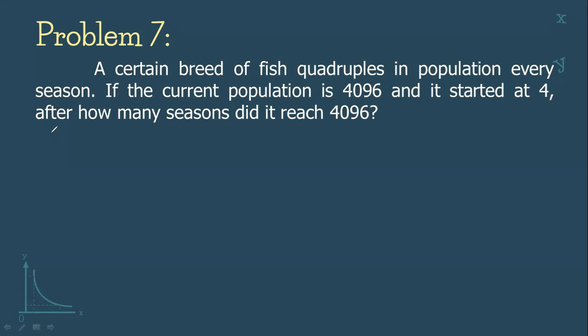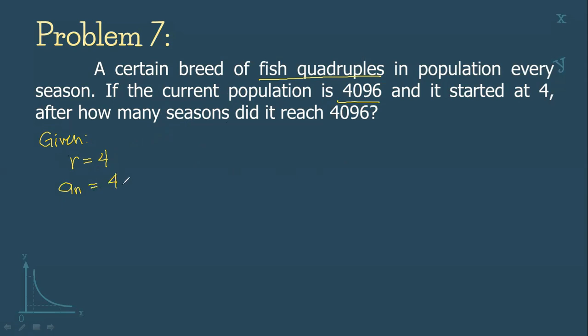So first, let us identify what are the given. So in this problem, nakalagay po dito that the fish quadruples. So pag quadruples, that is actually times 4 every season. So that is our common ratio. We have here the 4. And also, if the current population is 4,096, so current population, meaning to say that is the A sub n.